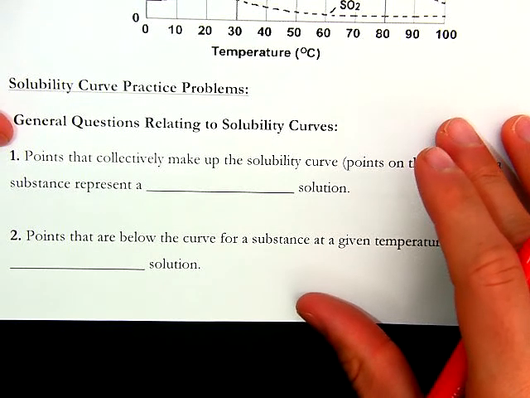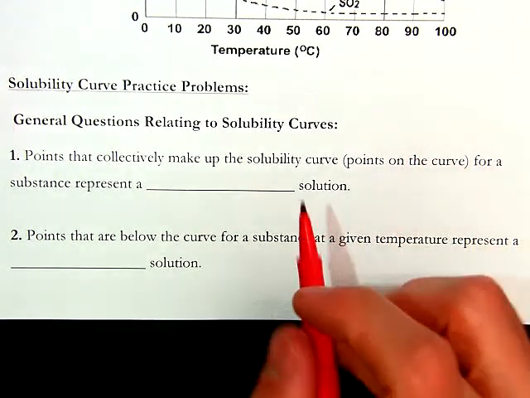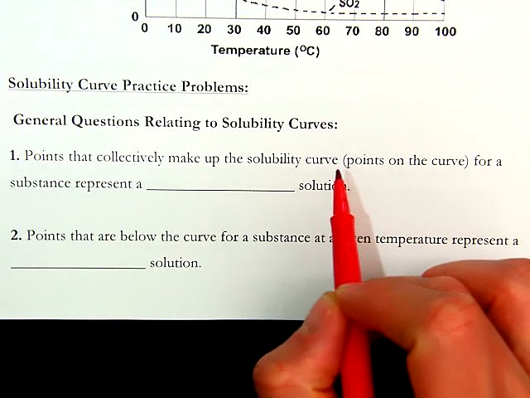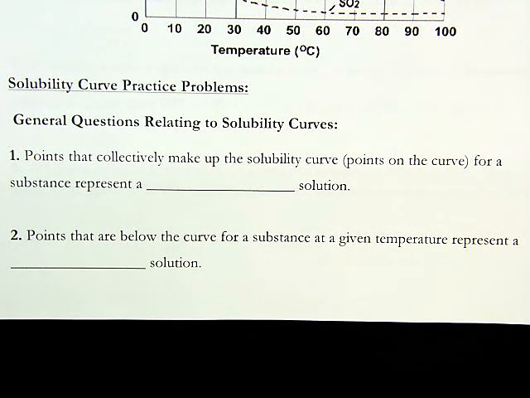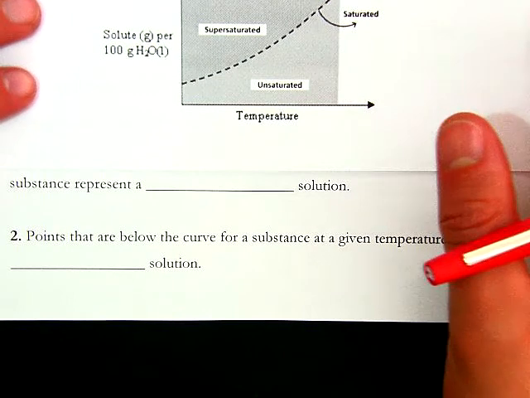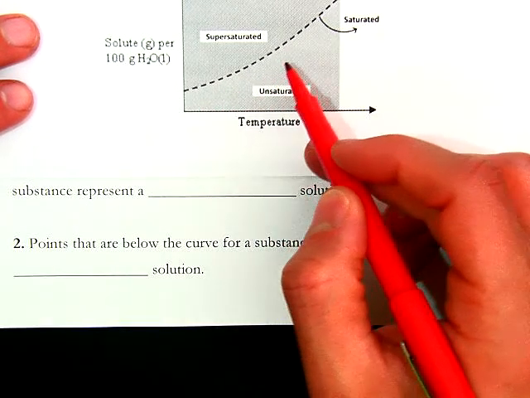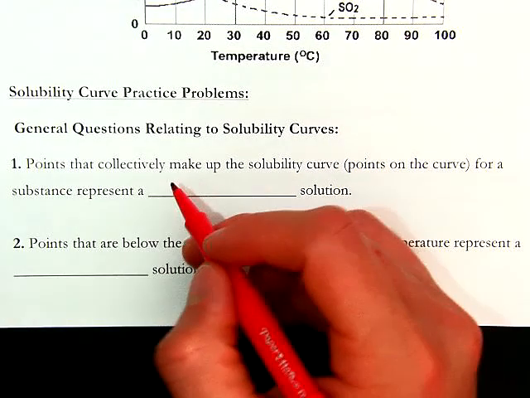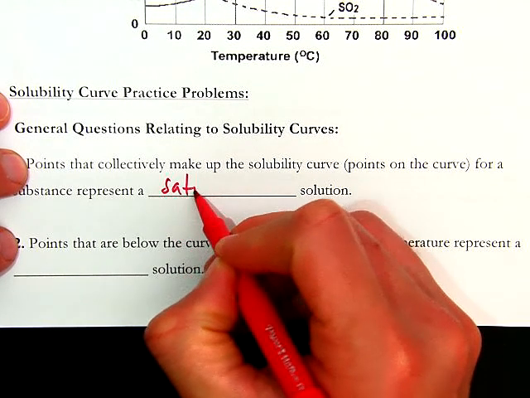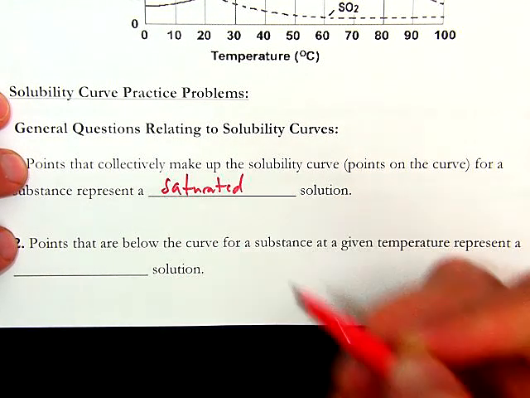So general questions: points that collectively make up the solubility curve, meaning points on the curve for a substance, represent A. All right, and so this is really just going back to this thing. The points that are actually on the line, those represent a saturated solution.